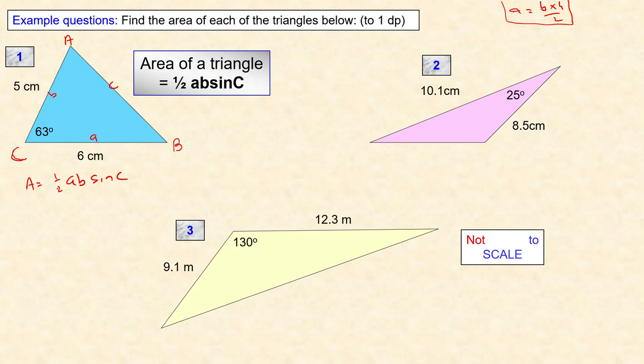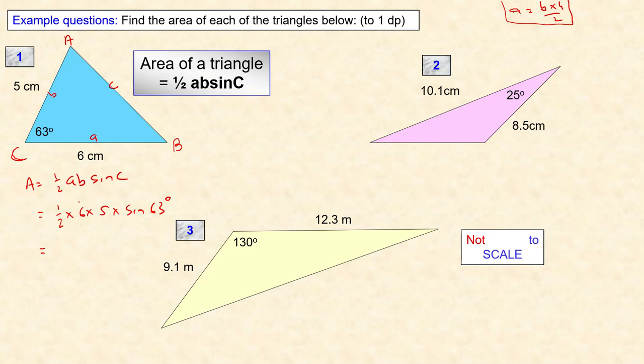And all we do now is we just fill in the numbers. So it's 1 over 2 times A is 6 times B is 5 times sine of 63 degrees. And you put that straight into the calculator, exactly as it is.